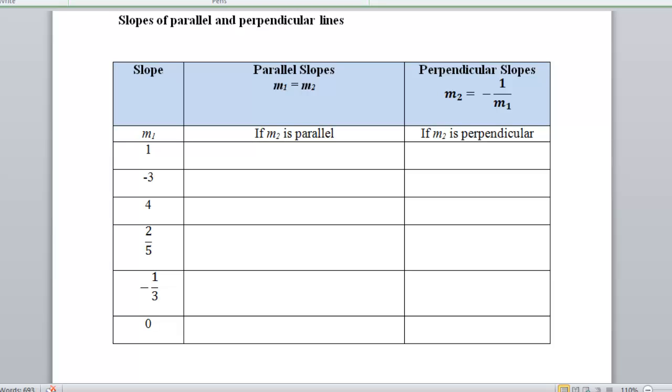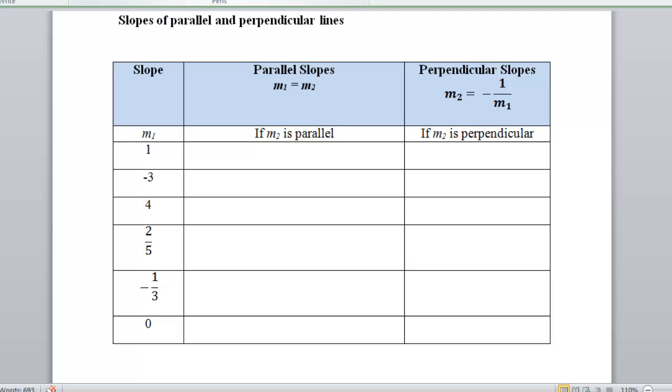And so what we'll do is we'll quickly fill this table out. For the first column, we're given the slope of the original line. In the second column, we want you to figure out what the slope is of a parallel line to the original slope. So go ahead and fill out the middle column.